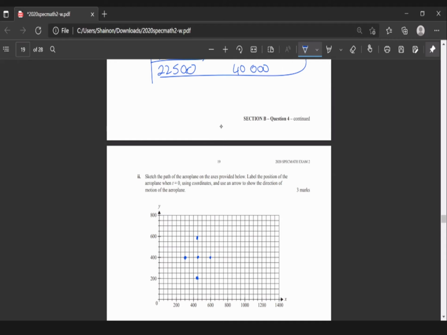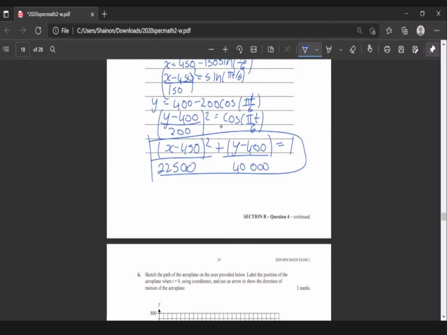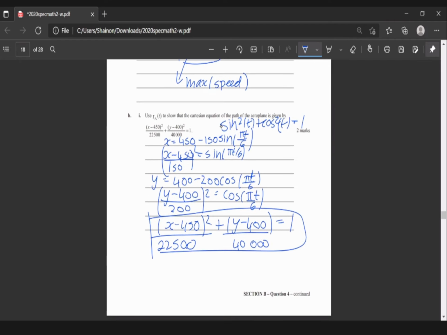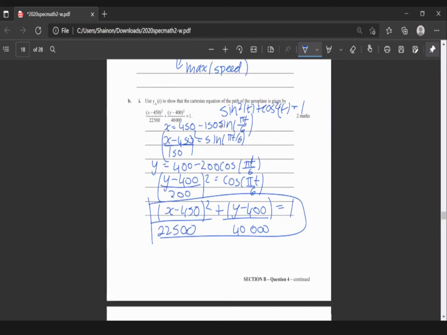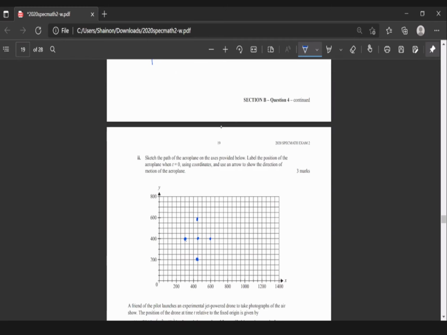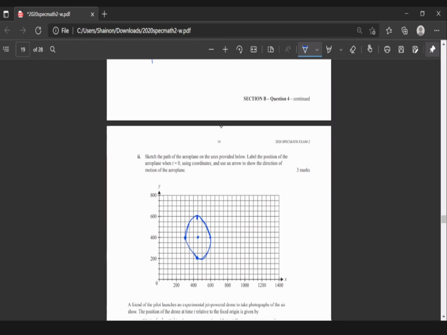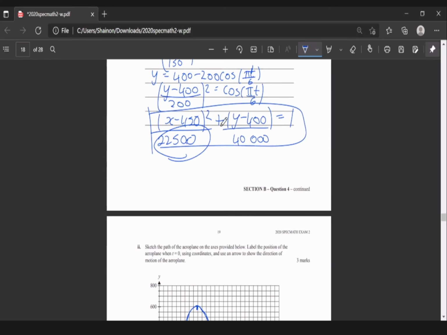And then, wait, no, not a circle. It's like the bent circle. I forgot what it's called. It's definitely not a circle. Yeah, it's called an ellipse. It's definitely not a circle because these values are not the same.